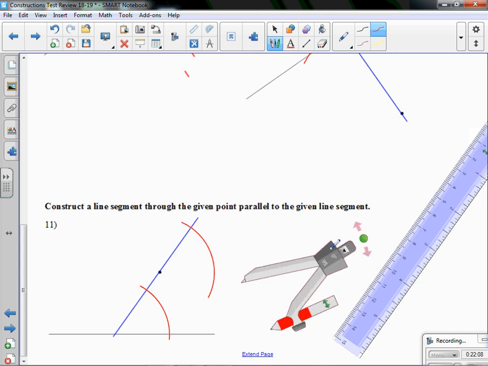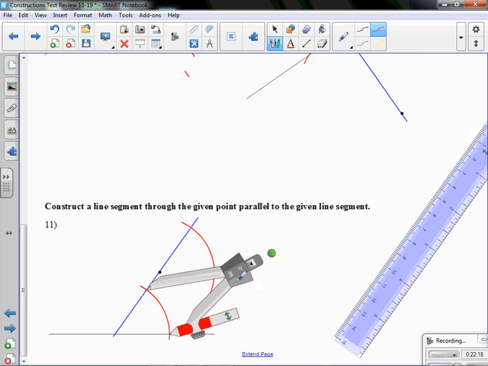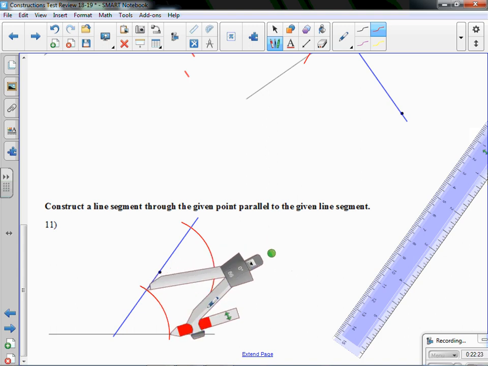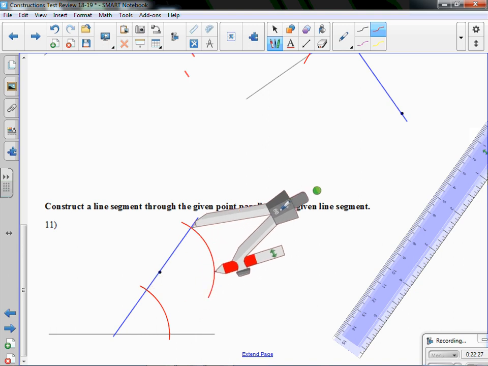Next step is to measure the distance between the two intersections. In there. There's that distance. We'll take our compass, put the point where our arc intersects the side up here.